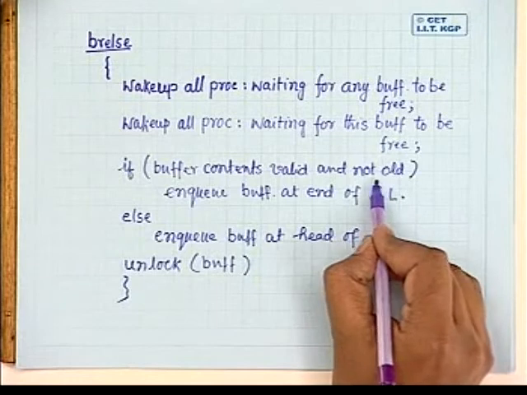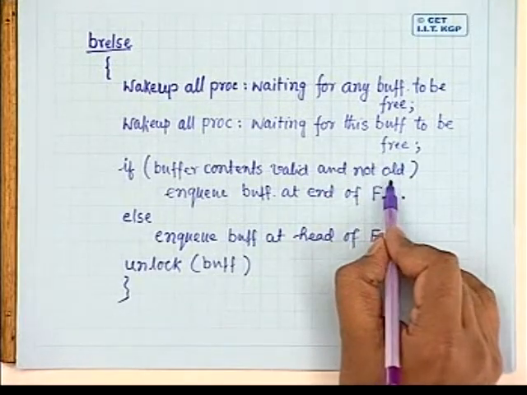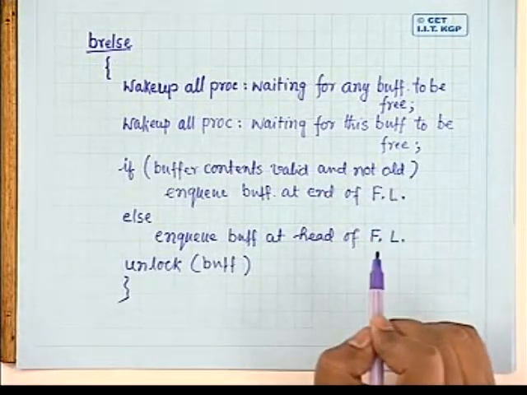Now coming to the buffer content not being old, you have seen that when a buffer is marked as delayed write, and that is the buffer selected to be overwritten by a new block, we cannot overwrite the content of that buffer because it was marked delayed write. The moment the kernel finds that the buffer is marked delayed write, it simply initiates writing the content of the buffer onto the disk.